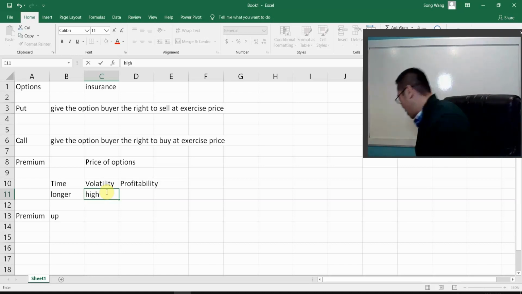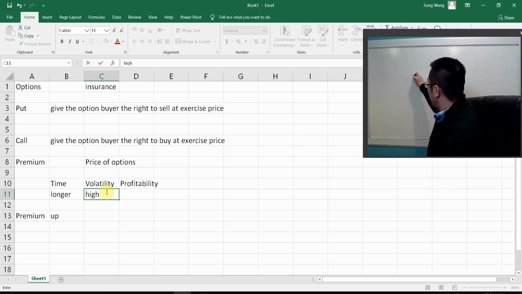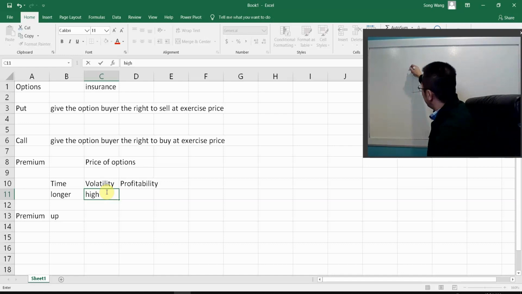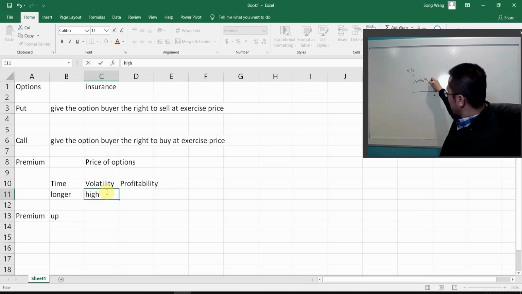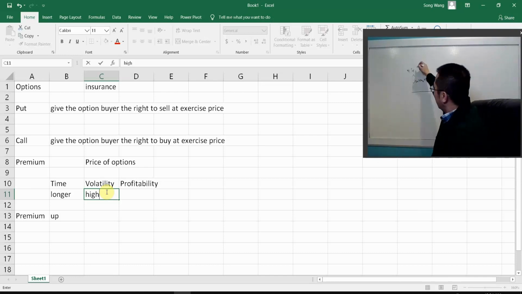Well, since I have the board here, I'm going to utilize my basement equipment. So this is time T, and this is the exchange rate, let's say dollars per British pound. As time goes by, the rate may go like this. And for a highly volatile exchange rate, let's say the Hungarian forint, it may go like this.